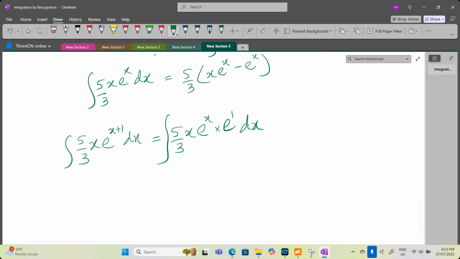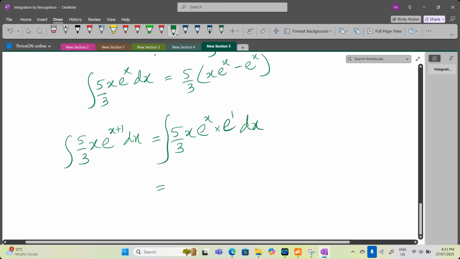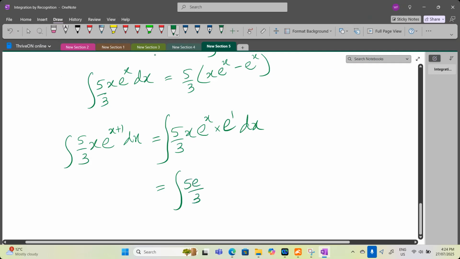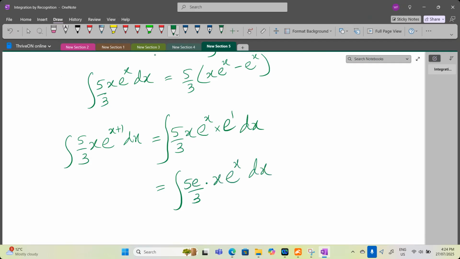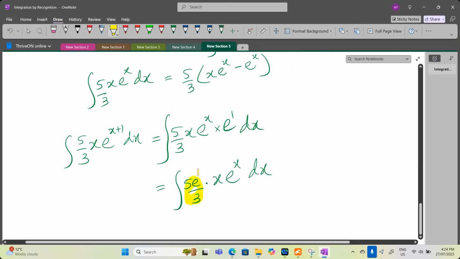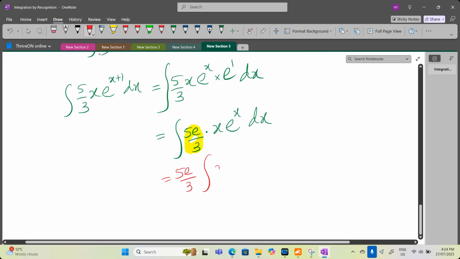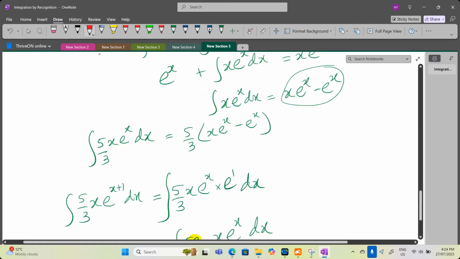So what we actually need is the antiderivative of 5e over 3 times x e to the x dx. This is what we need. e is a constant, so take it out, and what we need is 5e over 3 times the antiderivative of x e to the x dx. This is what we found here.